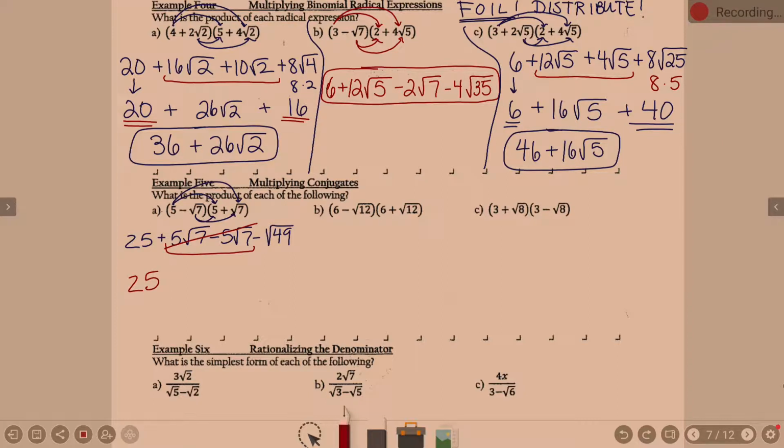And that leaves me with a minus, the square root of 49, which is 7. And 25 minus 7 is 18.